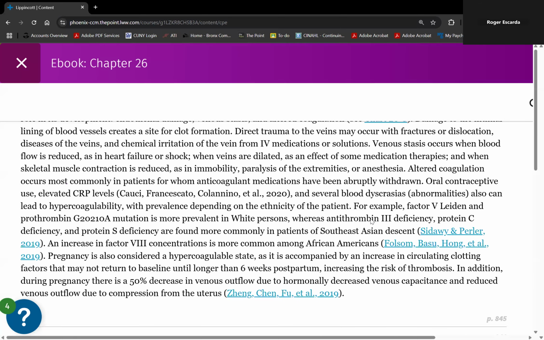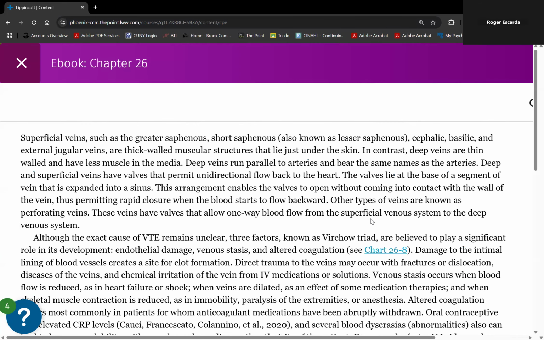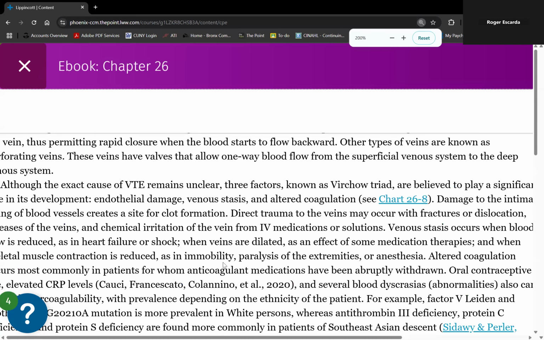If you look at the pathophysiology, there are three ways our body can form a blood clot. Let's review from MedSurg 1. This is known as Virchow triad. What is Virchow triad?